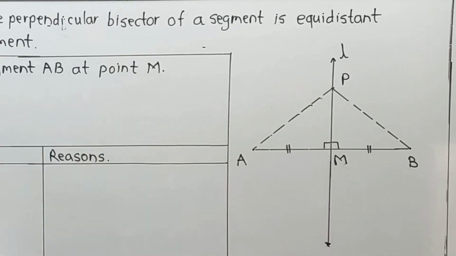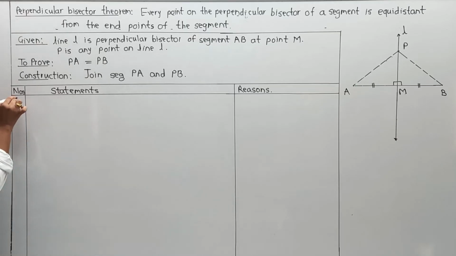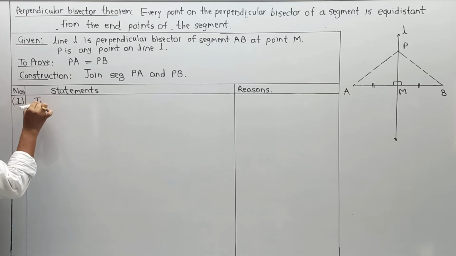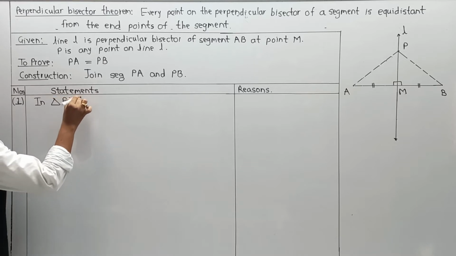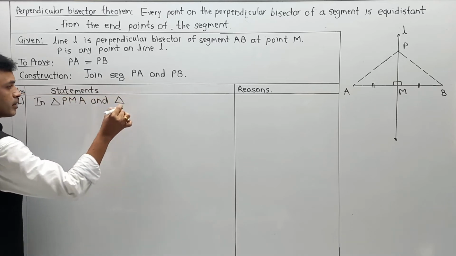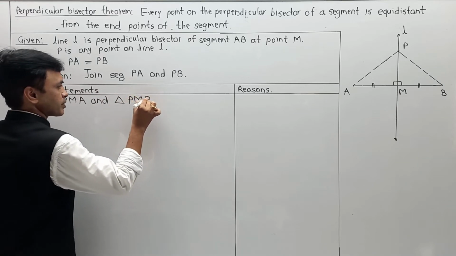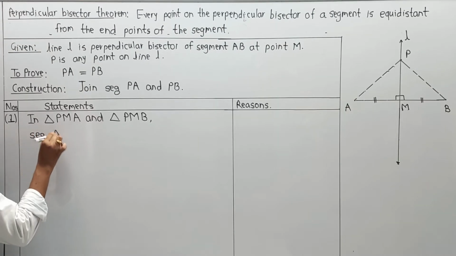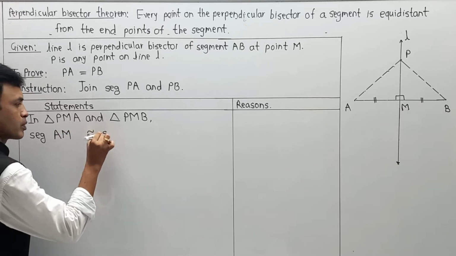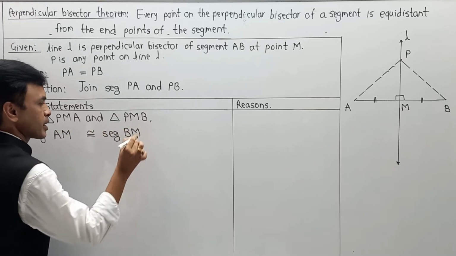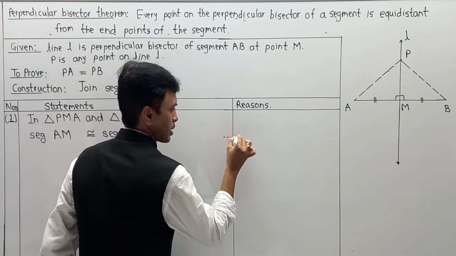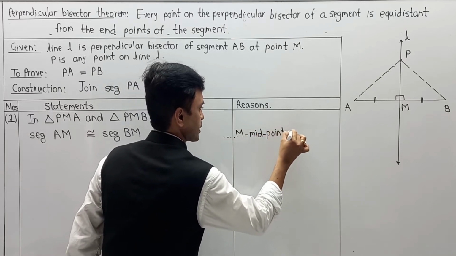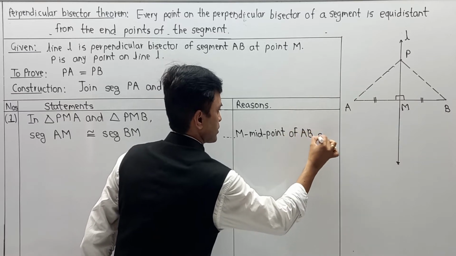So writing that part in terms of proof: first, in triangle PMA and in triangle PMB, segment AM congruent to segment BM, reason: M is the midpoint of AB, given.